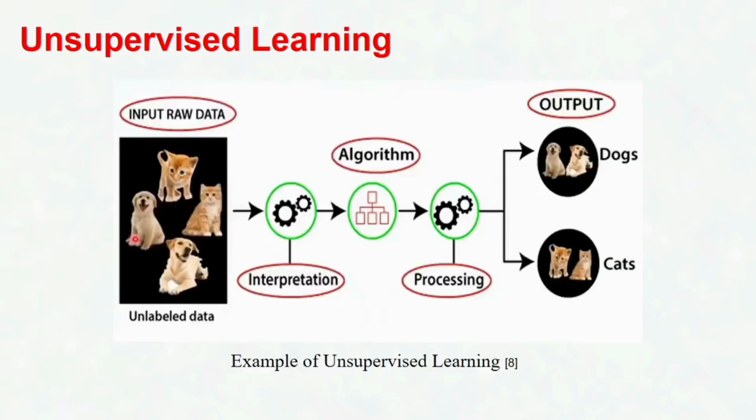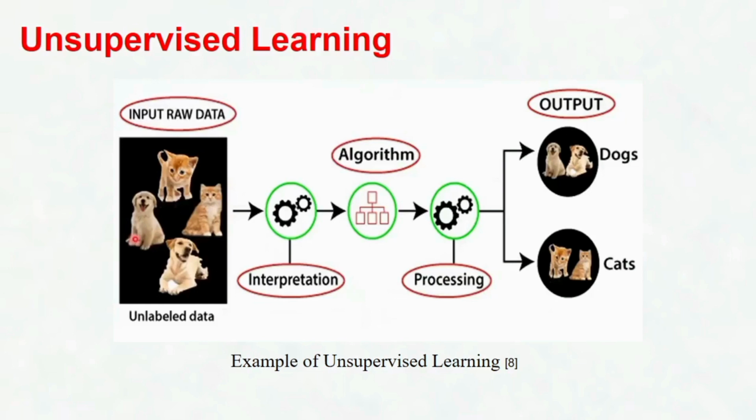With an example, we will see here, we have unlabeled data of cats and dogs. Since we already know these are cats and dogs, we are telling it by name, but assume we don't know what it is, like a child who is new to learning about animals, identifying whether it is a cat or a dog.